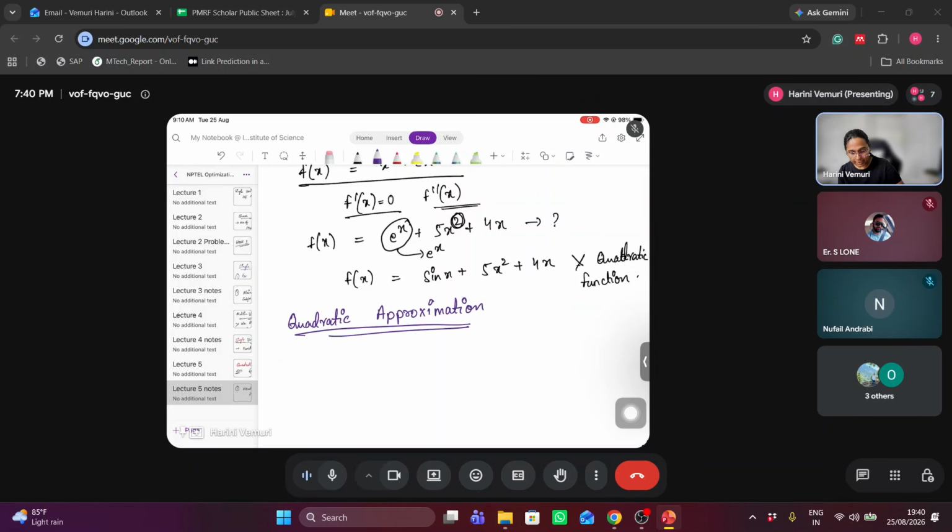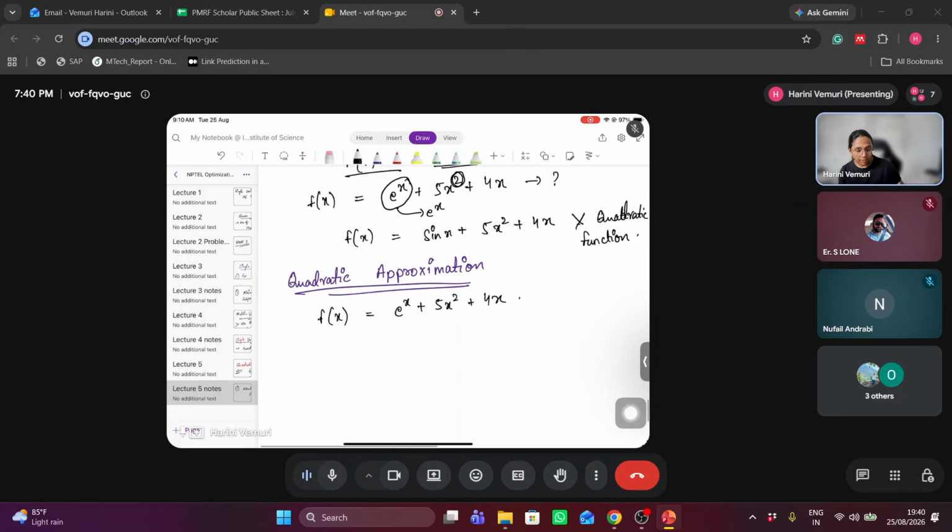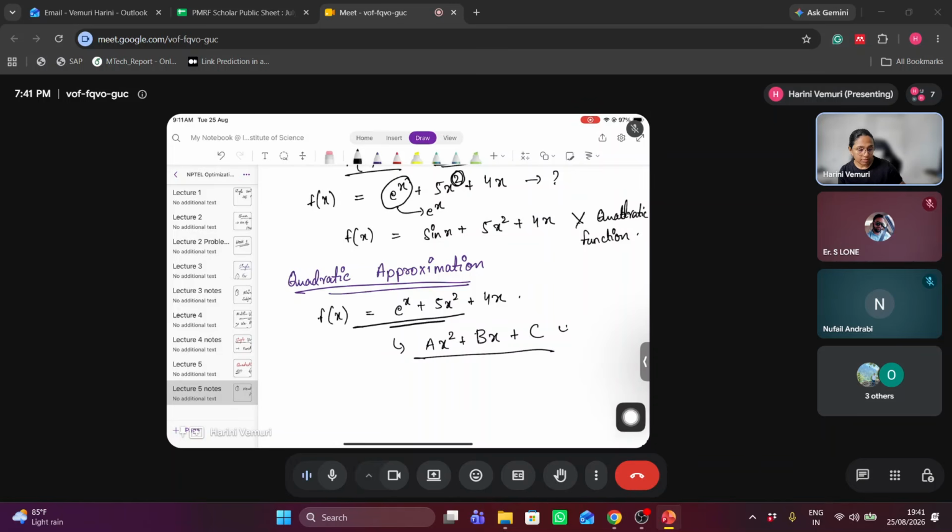So in quadratic approximation, if we have a function f of x equal to e power x plus 5x square plus 4x, then we will approximate this in the form of ax square plus bx plus c. This is quadratic, right?